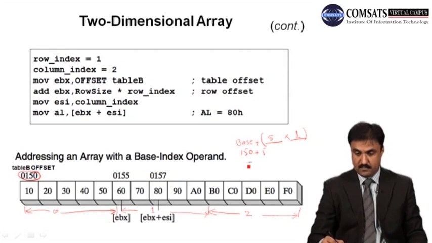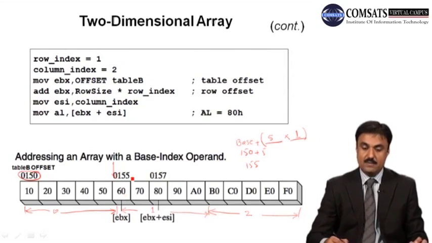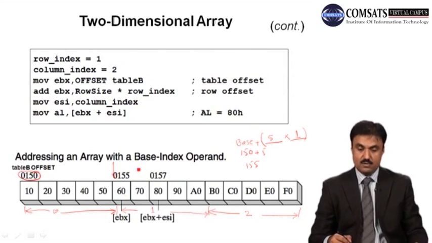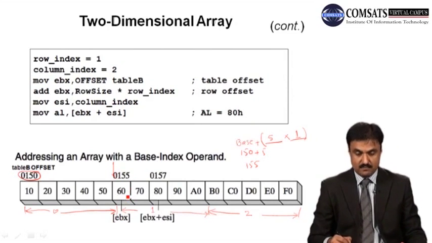So 155 is the row offset, which starts from here. EBX will point to this address, which is 60, and element number 2. Element number 2 means element number 0, element number 1, and element number 2, then element number 3 and element number 4.